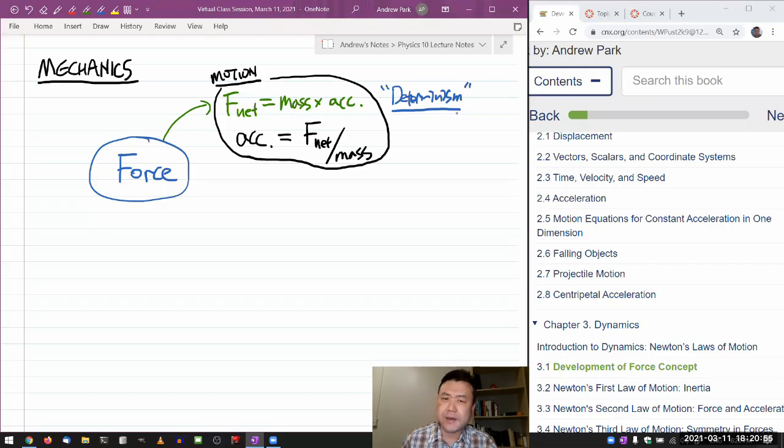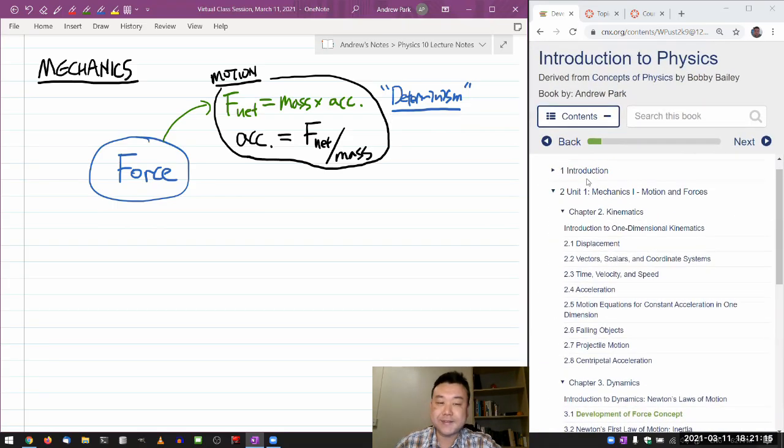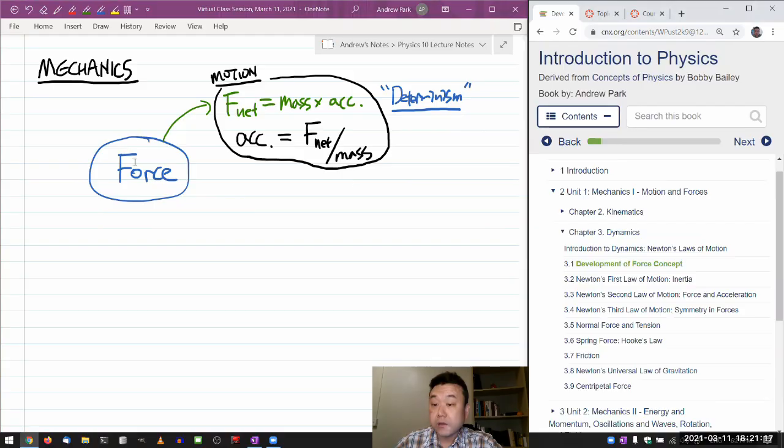Now, all of this is quite oversimplified, so I don't want to give you the impression that this is what we believe today. But force is important in the way that it gives us a handle on how to describe our mechanical universe.